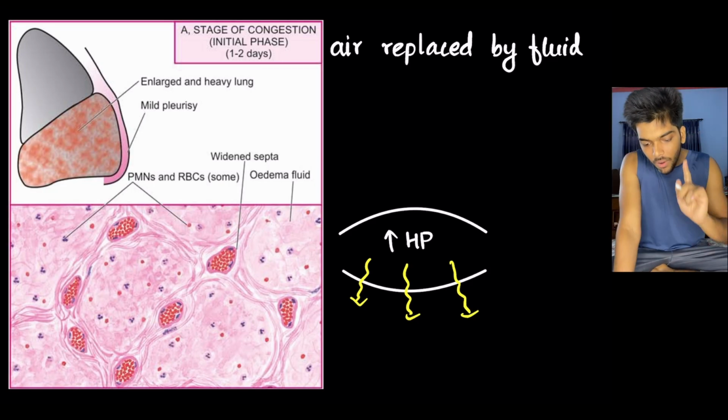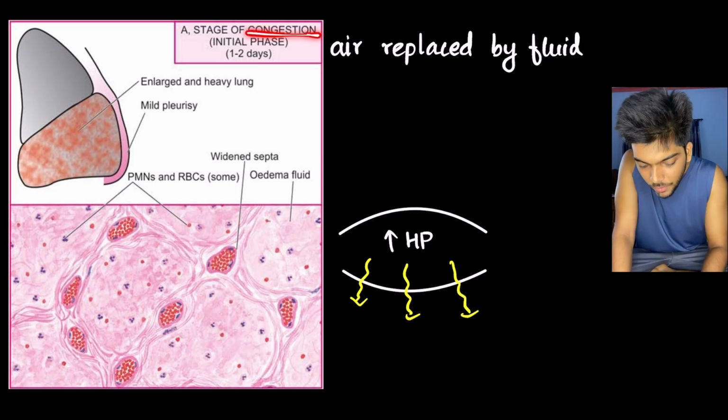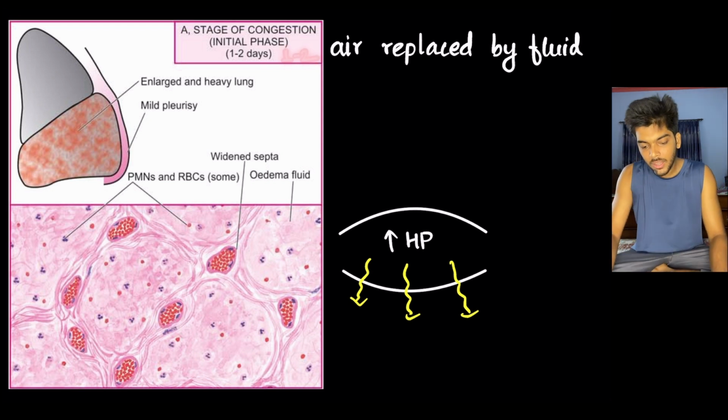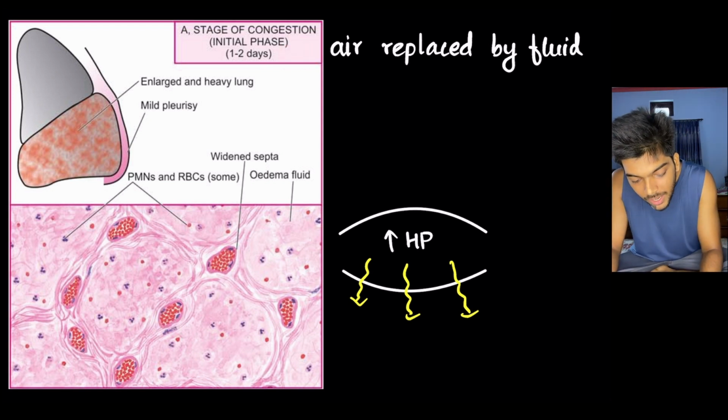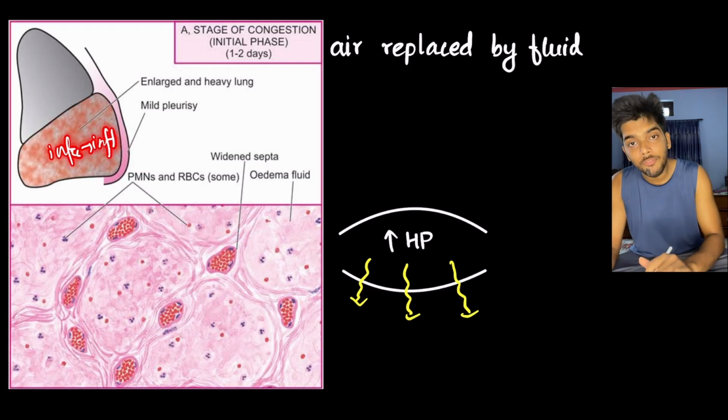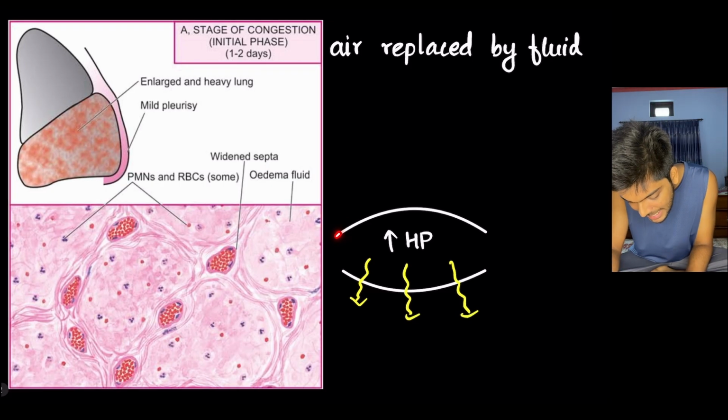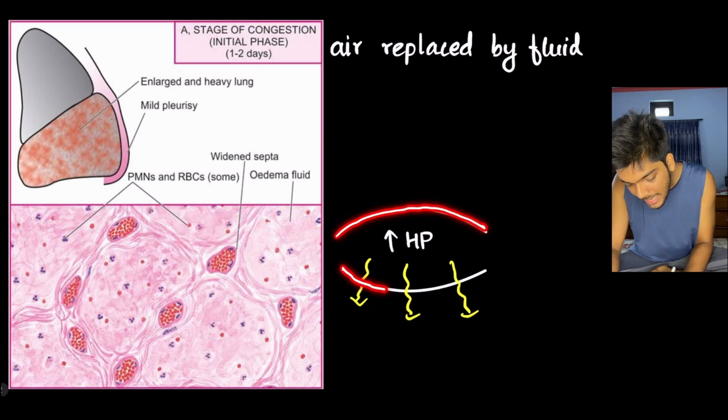So the first step is congestion, lasting from 1 to 2 days. There is infection. Due to infection, there is inflammation. In inflammation, the dilation of the blood vessel takes place. As a result, there is increase in hydrostatic pressure.